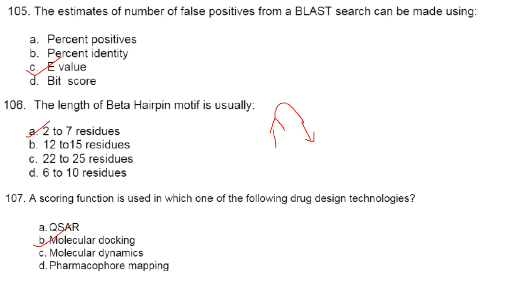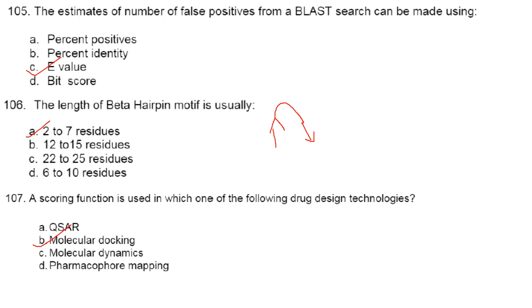The next one, a scoring function is used in which one of the following drug design technologies? So scoring function is an additive function that includes representation of various interactions between a ligand and a target. These representations describe the electrostatic, hydrophobic, solvation and hydrogen bonding interactions between the ligand and target.